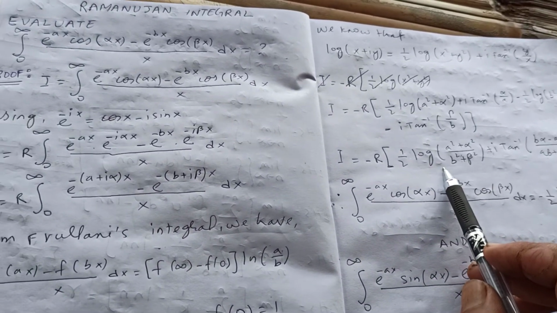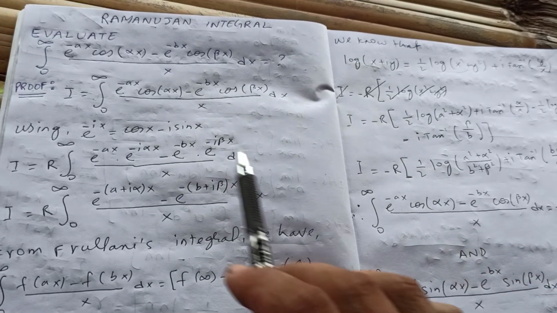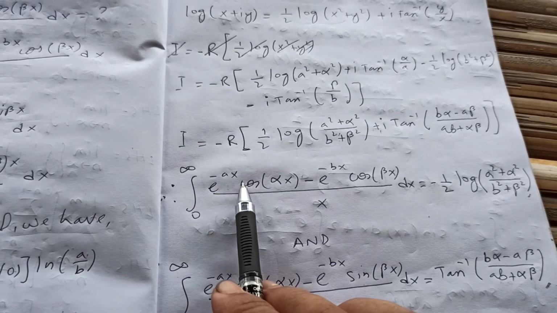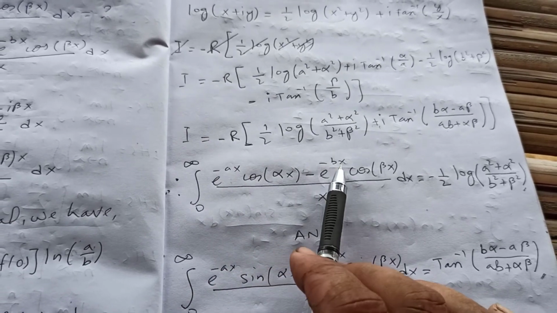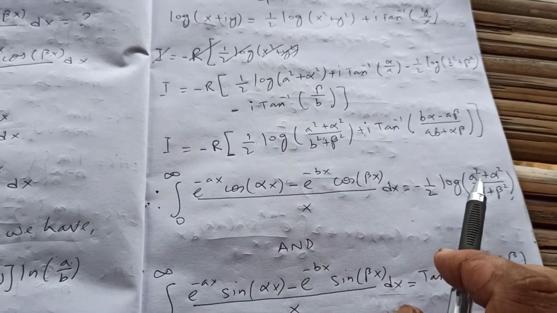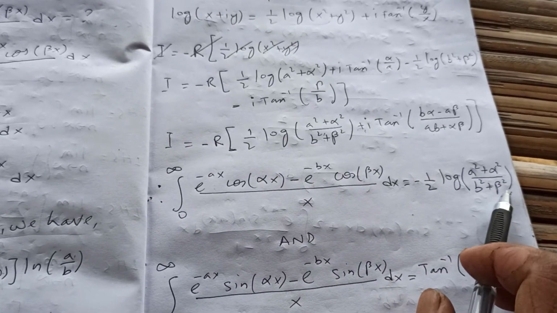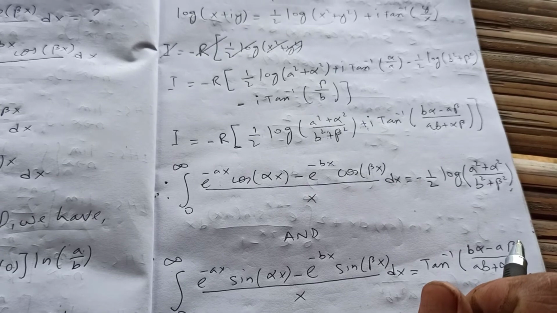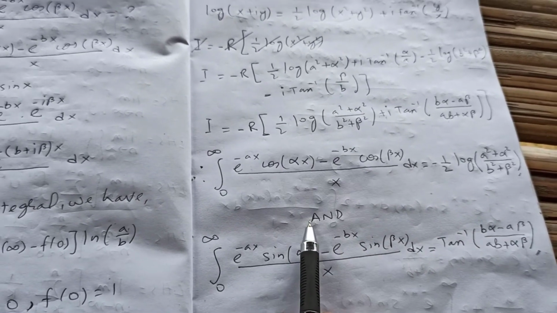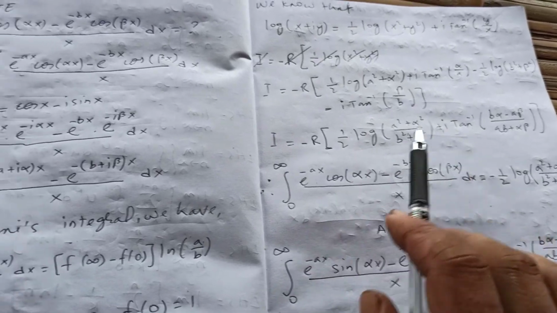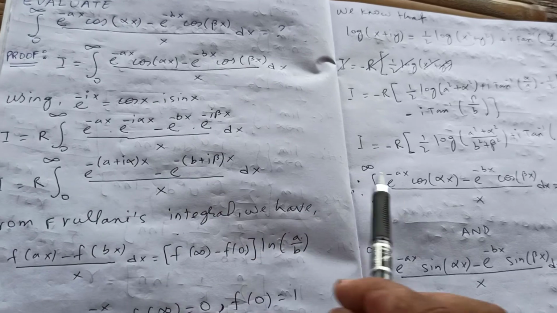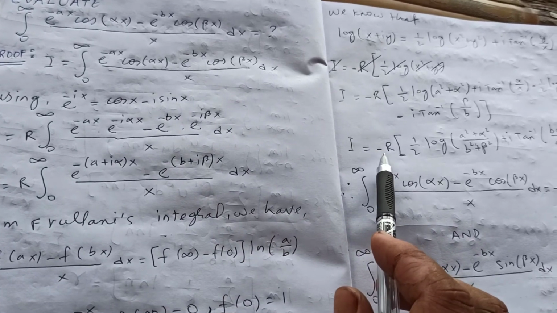Therefore our answer is the integral from 0 to infinity of (e^(-ax) cos(αx) - e^(-bx) cos(βx)) / x dx equals negative half times log of (a² + α²) / (b² + β²). Now since we have real part and imaginary part, if you extract the imaginary part, this negative and this negative will cancel, so it will be positive.